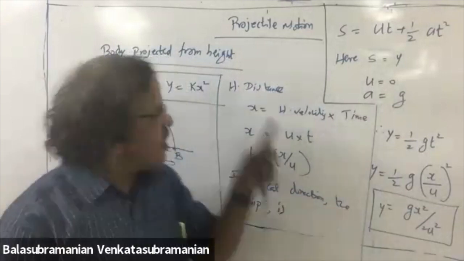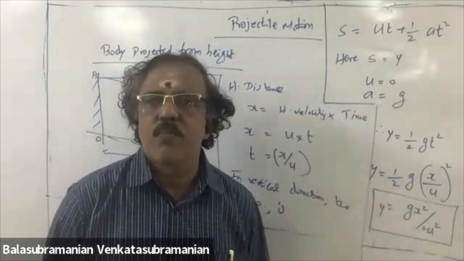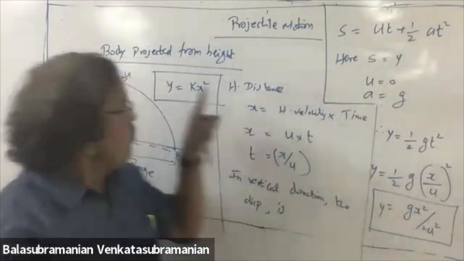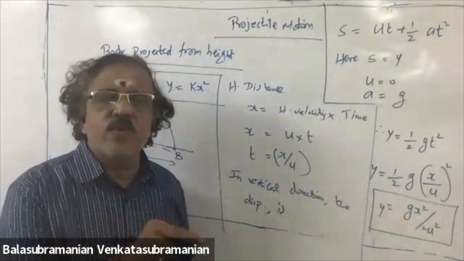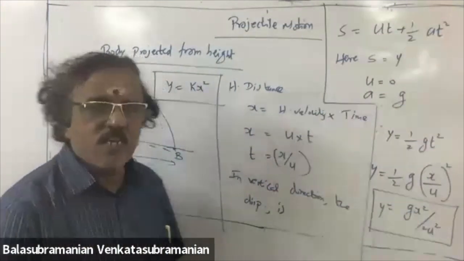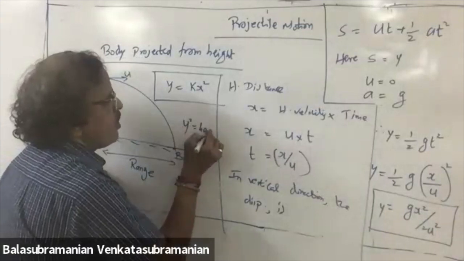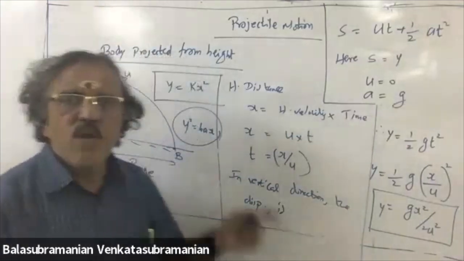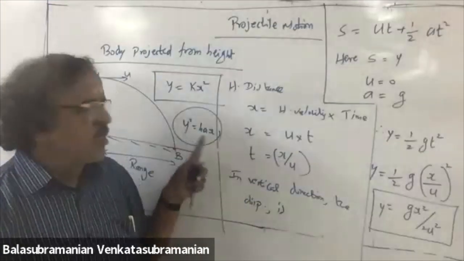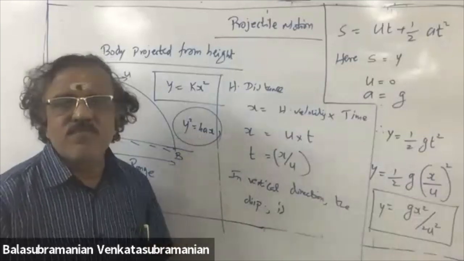What is the meaning here? k is nothing but g by 2u square. It is a constant. y is equal to kx square represents a parabolic equation. I don't know whether you know the parabola equation. y square is equal to 4ax. This is the equation of a parabola. One variable square, one constant 4a, and another variable.